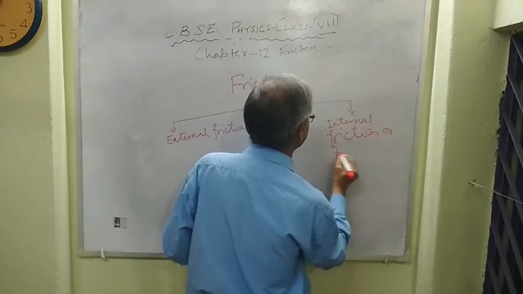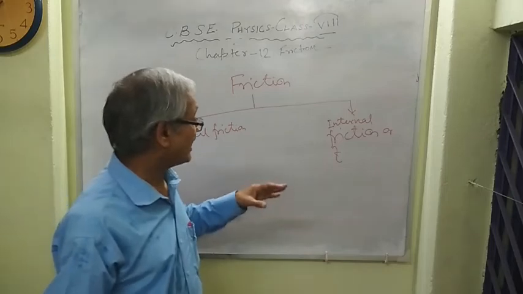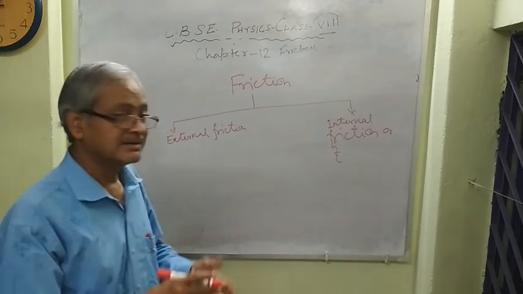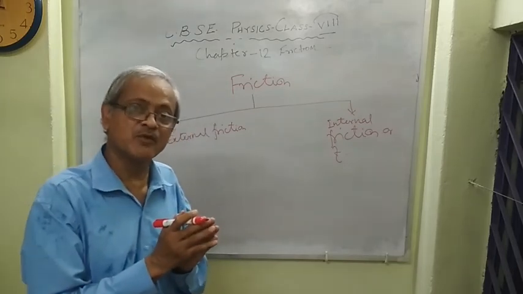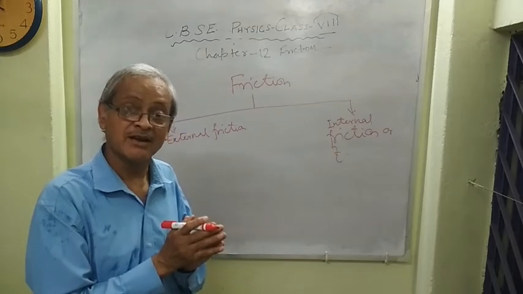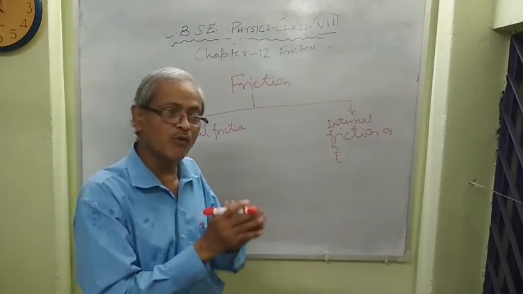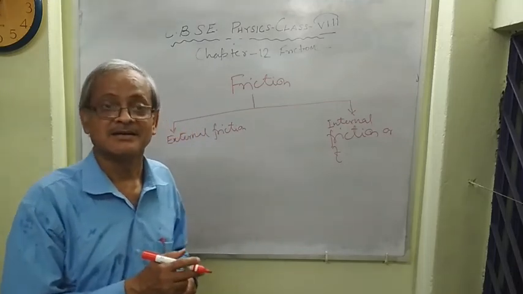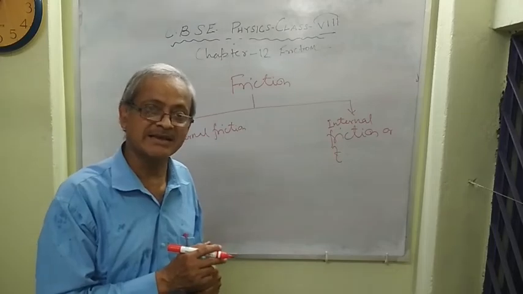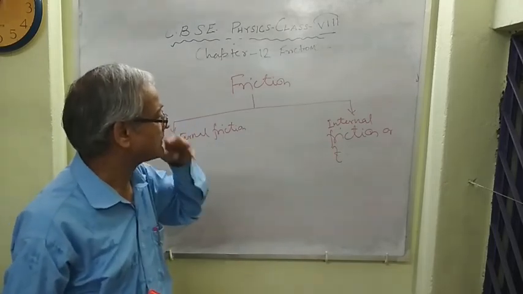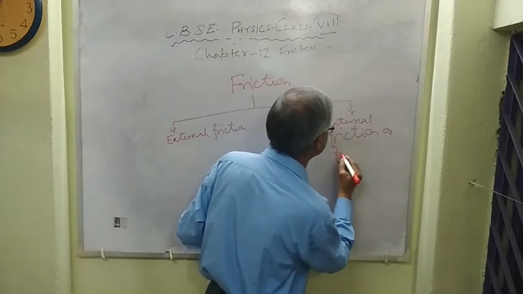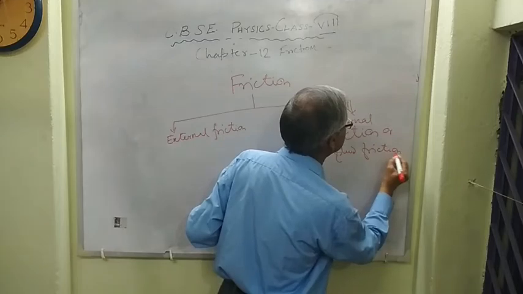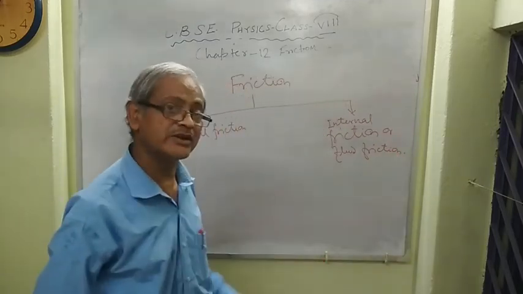That is the friction that exists between the different layers of a fluid in motion, that is liquid or gases in motion, or if a solid body moves within liquid or gases. These forces develop the internal friction or fluid friction. Fluid means which can flow, that is liquid or gases.